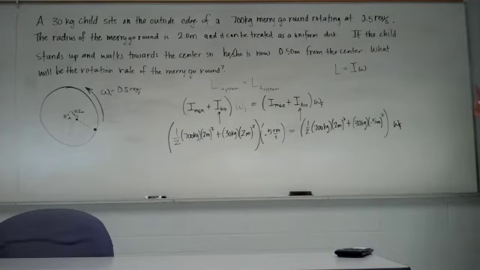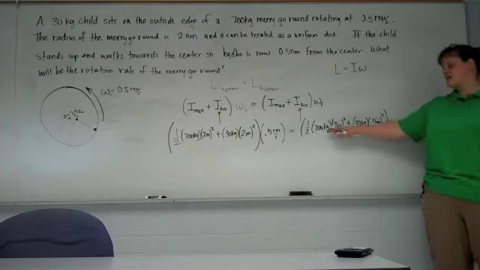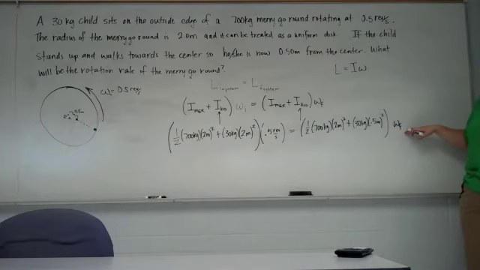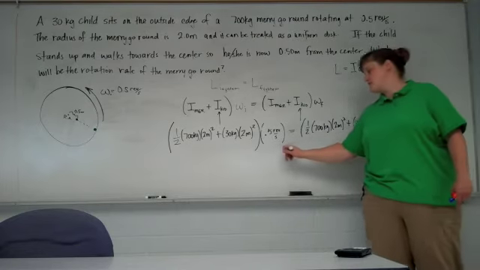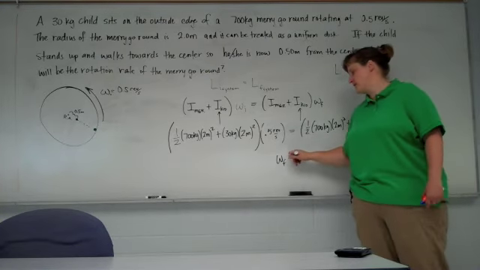Now, even though there's an I of the merry-go-round on both sides, and it's the same on both sides, we can't cancel it out. That would be so nice if we could, but we can't. And that's because we're multiplied by omega. The omegas would have to be the same as well. So let's plug and chug here to find omega final.